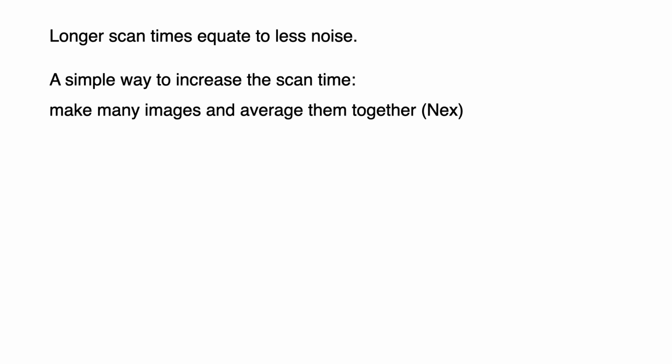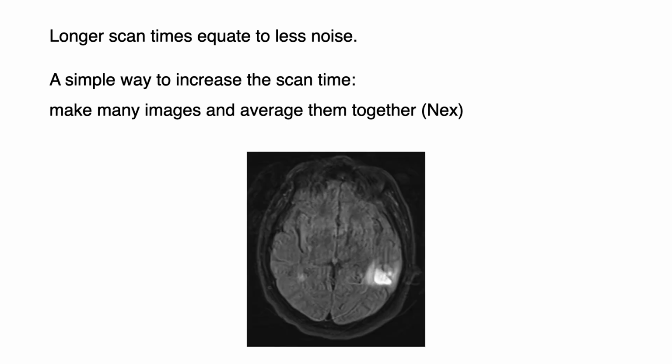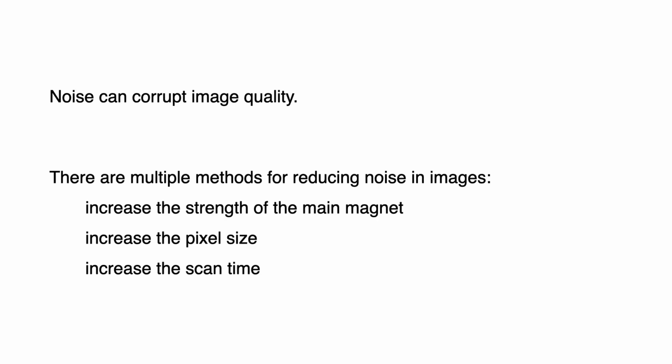Also, it provides more of an opportunity for motion. So here's an example of an image, an axial slice of a brain where the patient moved during the scan. So increasing the scan time is especially problematic for patients that struggle to remain still, like young pediatric patients, fetuses, or patients in pain.